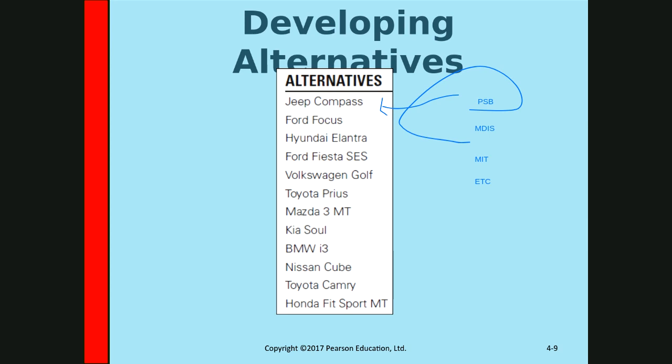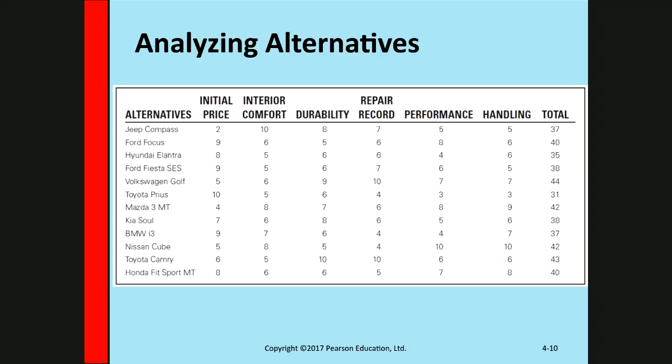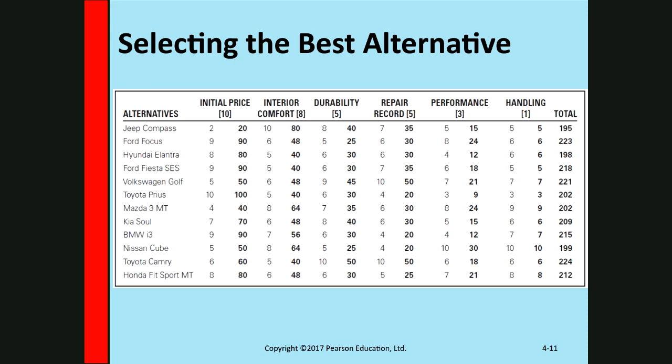After which, you analyze the alternatives. You give a rating, and then you start to analyze the alternatives. How does each alternative fare under price, comfort, and the ratings that you gave to them? And of course, after you have done that, you will select the best alternative.